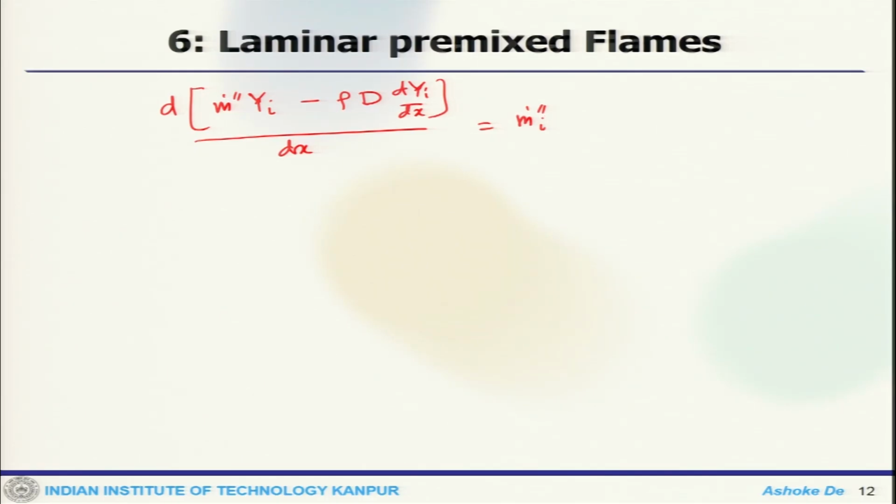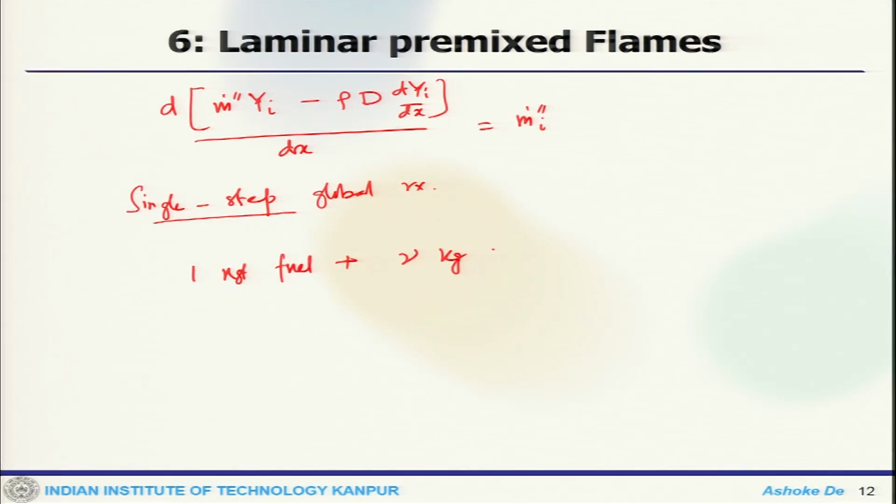Now, what we have assumed is a single step reaction. So, that is our simplified analysis, single step global reaction. You can think about 1 kg of fuel plus nu kg of oxidizer that will give you nu plus 1 kg of product.